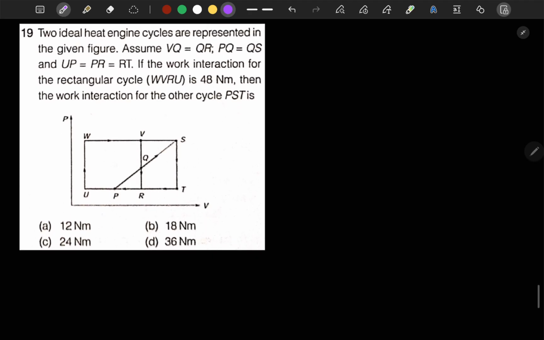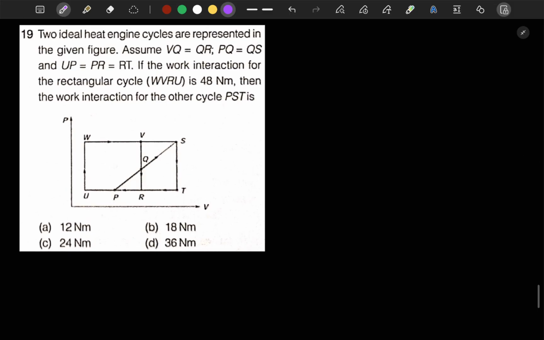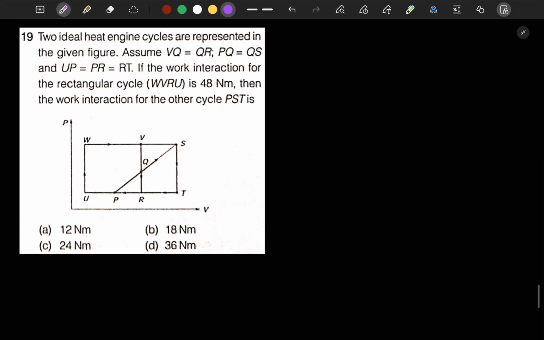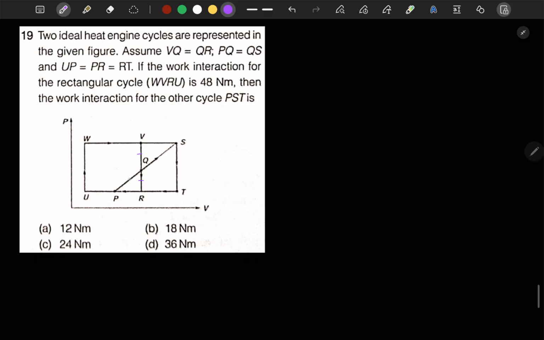Next, 19th. Two ideal heat engine cycles are represented in the given figures. Assume VQ is equal to QR, and PQ is equal to QS.